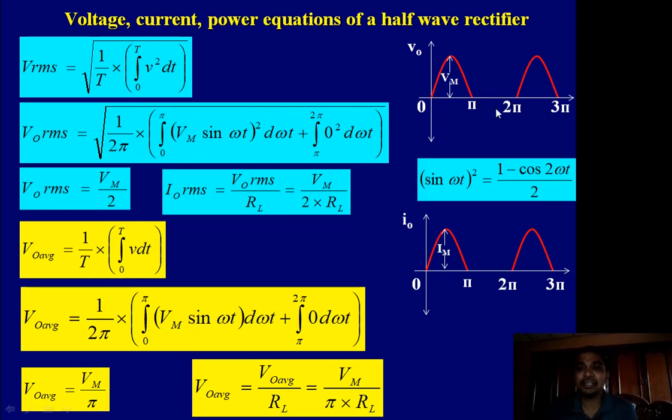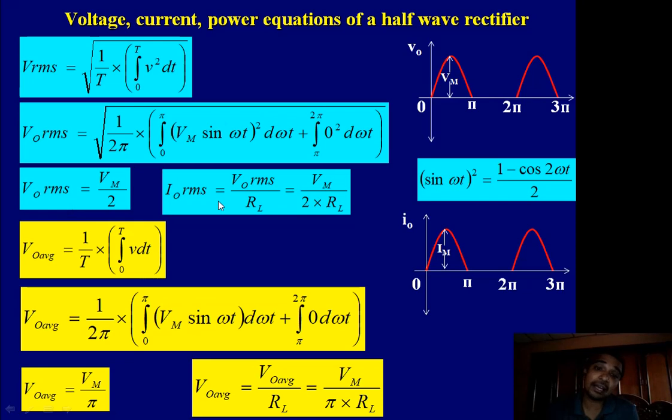For the next half cycle range, it is 0, right? If you do it, you will get the answer V maximum square into pi by 2. So pi and this pi will cancel, giving Vm square by 4. The answer you are getting is Vm by 2. So V naught RMS is equal to Vm by 2, which means 50% of the maximum value.